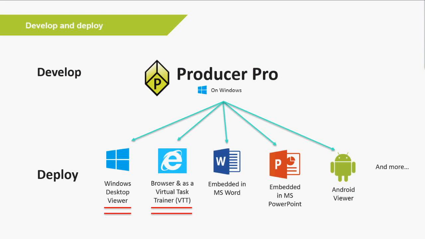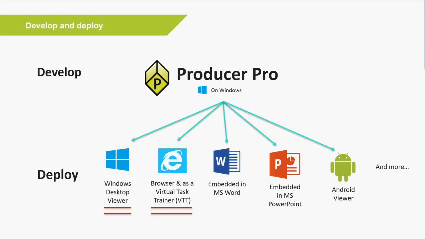Moving on, today we'll be looking at development and deployment. Development happens in Producer Pro on the Windows desktop, but from there you can deploy to many places. Here on the slide I have a few. So we have a standalone Windows desktop viewer application. You can embed your training into a browser, and a special form of that would be a virtual task trainer, which we will see today.